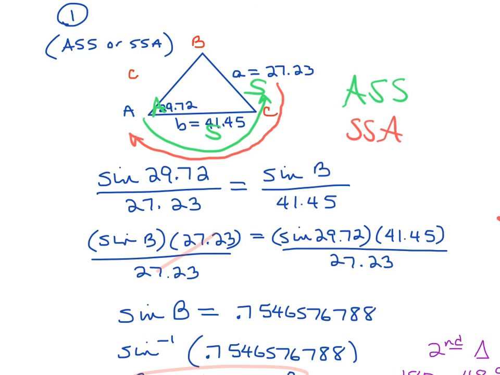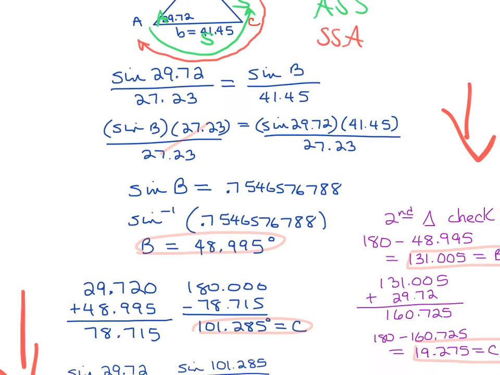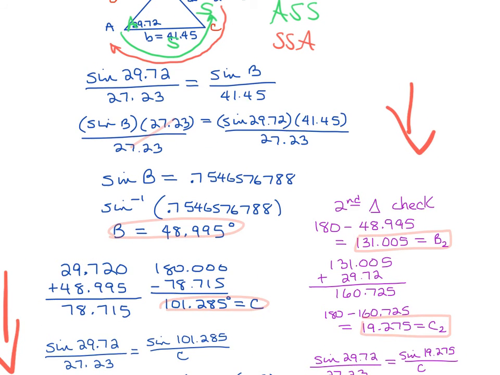So for the formula to find the second triangle, it's 180 minus b plus a, and then you subtract that from 180. So once you find the first angle, you're going to take that angle and subtract it from 180. The number you get when you subtract it from 180 could potentially be an angle in your second triangle.